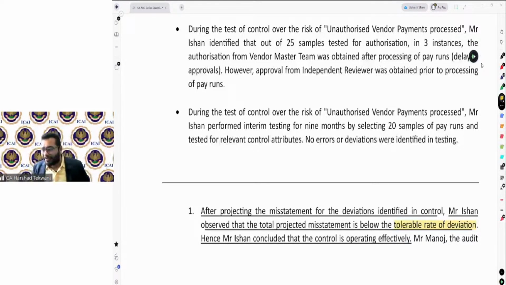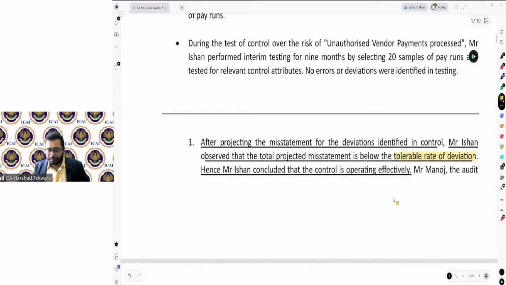That's a tolerable rate of deviation. So tolerable rate of deviation is a rate which is set by an auditor, which is expected from that particular control or process.